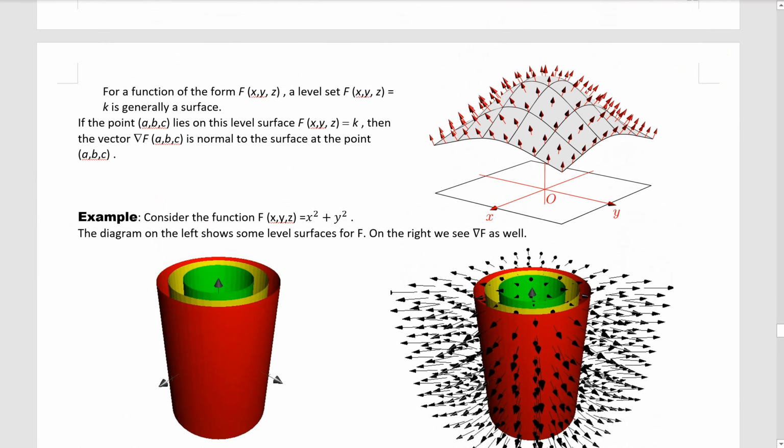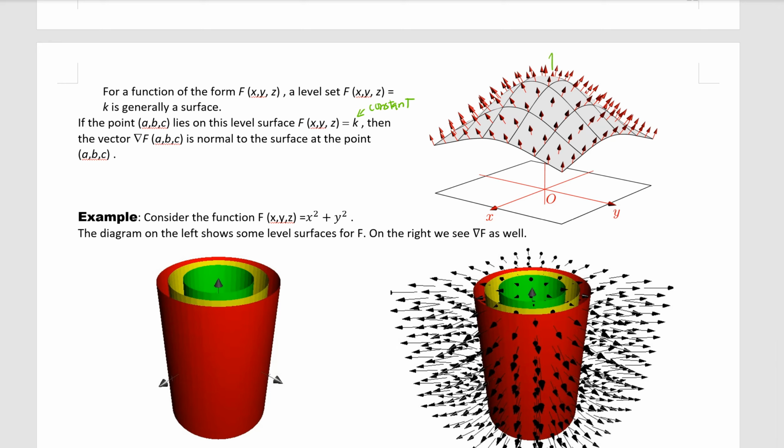So for a function of this form, a level set is a surface. Can you see that? So if a point lies on this level surface, f of x, y, z equals k, let's say k is a constant, then the gradient is normal to the surface at the point.